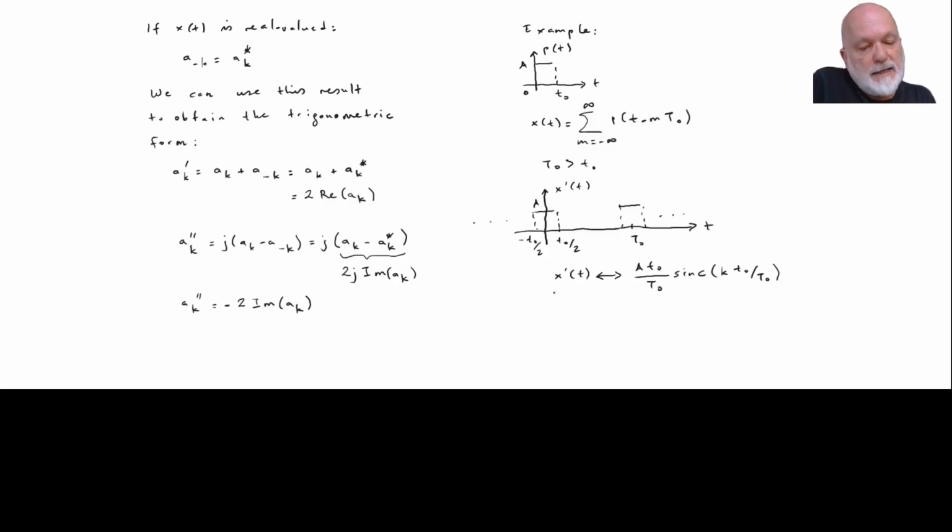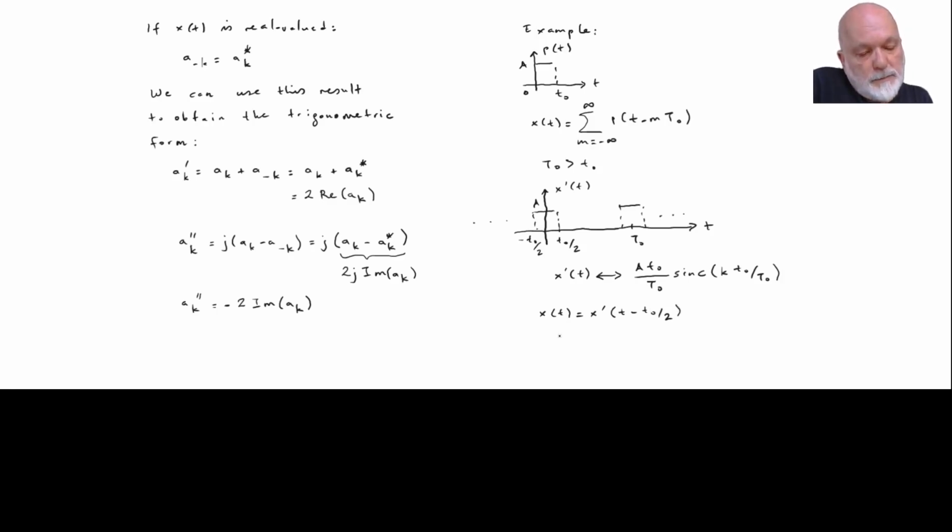We see that x of t is the time shifted version of x prime of t, and the amount of time shift is t0 over 2.